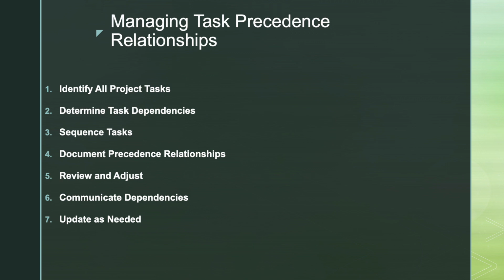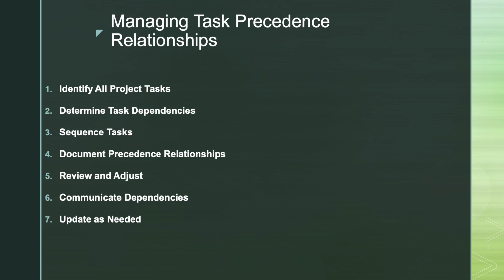Another way to manage it is to use project management software. Utilize management software to help manage task precedent relationships. These tools can help you visualize task dependencies, track progress, and make adjustments. Then you need to resolve dependencies and constraints.